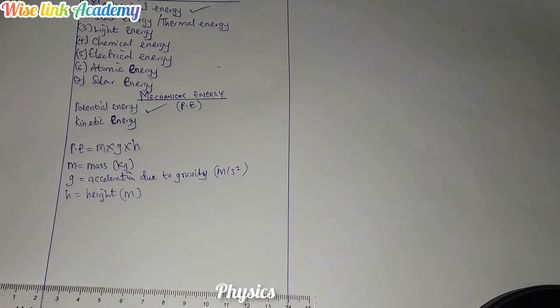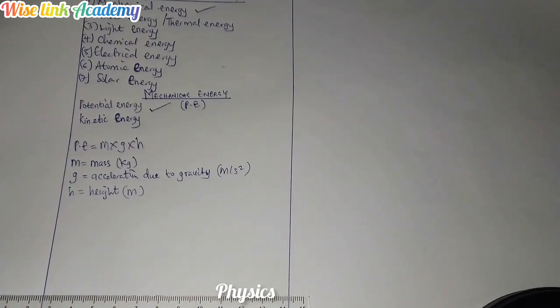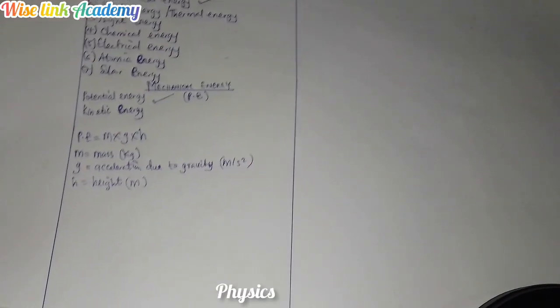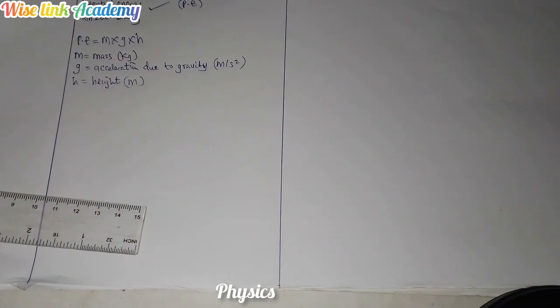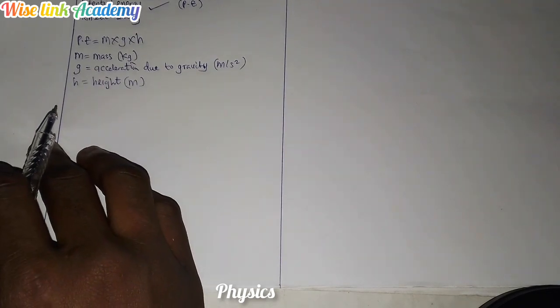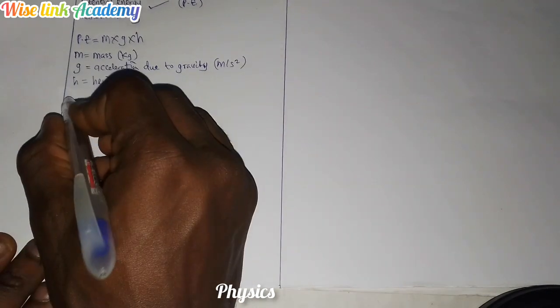Find the potential energy of a body of mass 10 kg. Can you hear? Find the potential energy of a body of mass 10 kg. Let me write the question out.